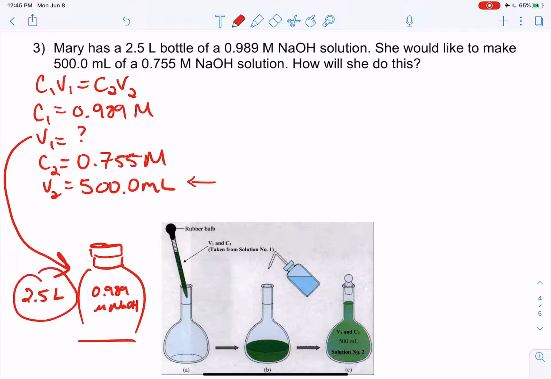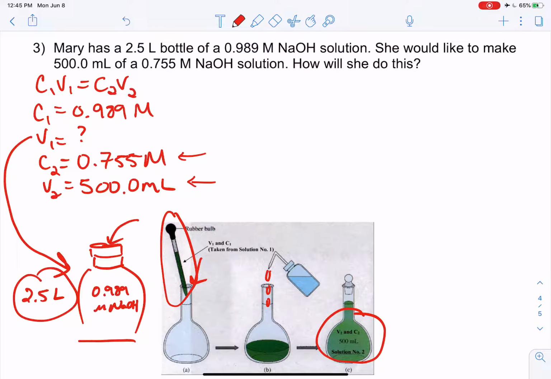So we definitely don't need 2.5 liters if we only want half a liter of the dilute solution at a lower concentration of 0.755. We want to know how much of this stuff we suck up with our volumetric pipette and put into our flask in order to dilute it and give us 500 milliliters of dilute solution.